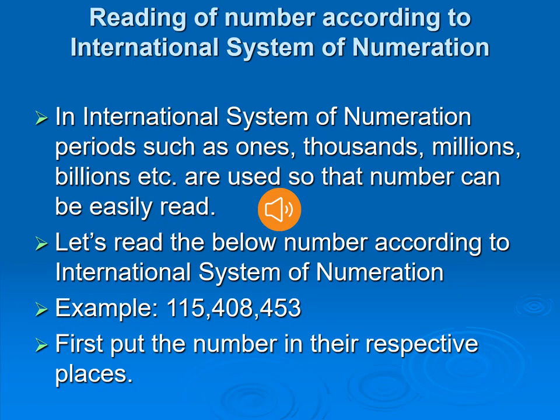Now, how to read numbers according to the international system of numeration. In the international system of numeration, each period, that is family, has 3 members. And these families are ones, thousands, millions, billions, etc. They have 3 members each. Let's read the number given below.